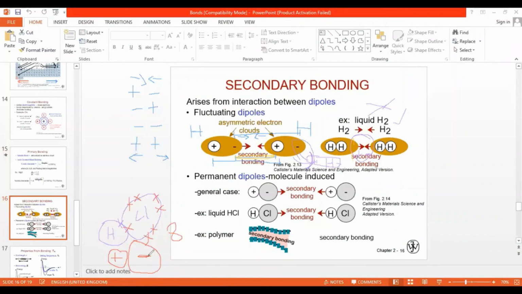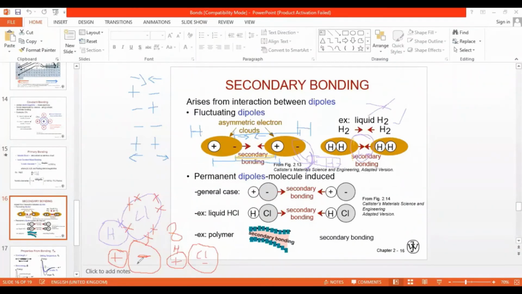When these two form a covalent bond, hydrogen compared to chlorine will be in a kind of plus state, and chlorine compared to hydrogen will be in a negative state, right? So a similar case would be applicable for another HCl molecule also, right? There will be a chlorine and there will be a hydrogen. So hydrogen would be positive compared to chlorine, and chlorine will be negative compared to hydrogen.